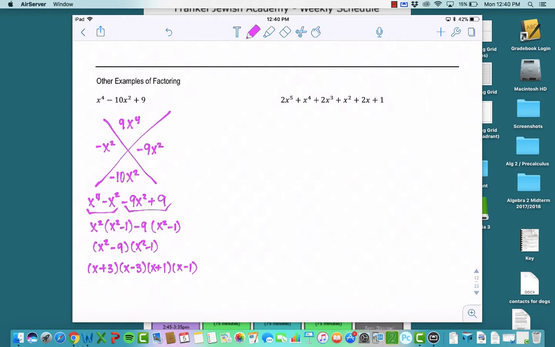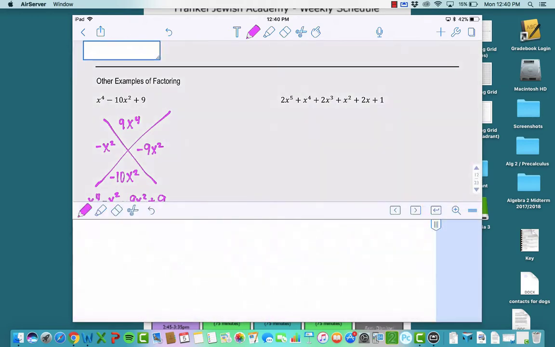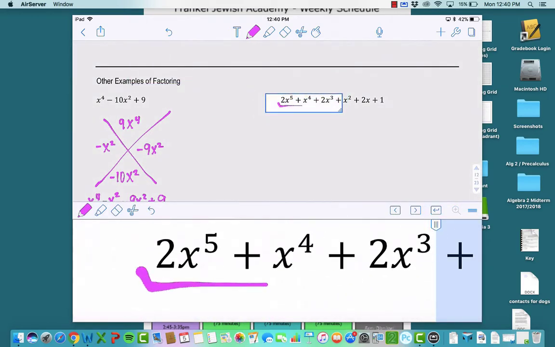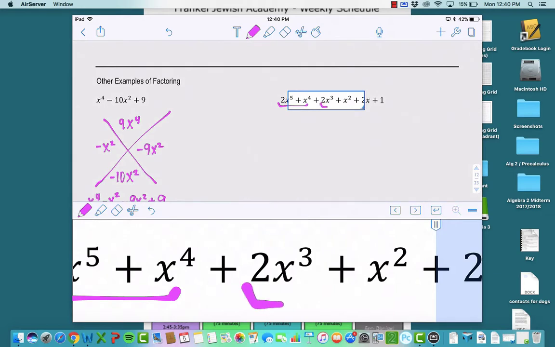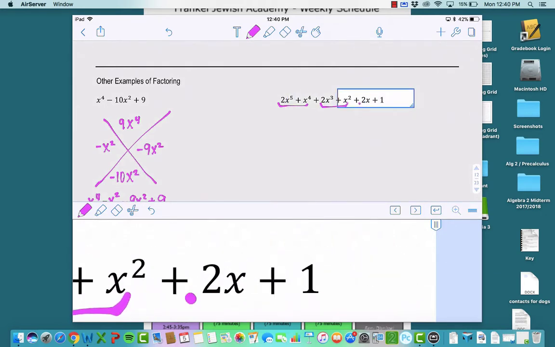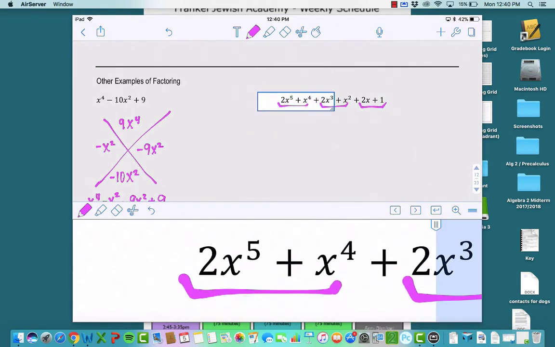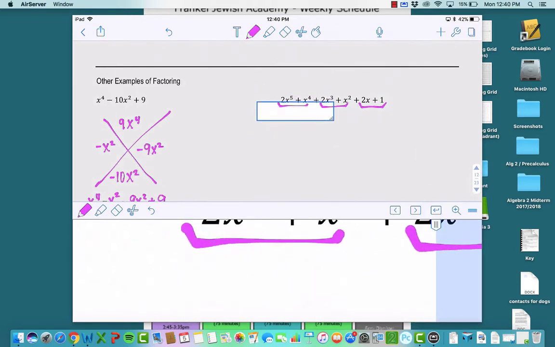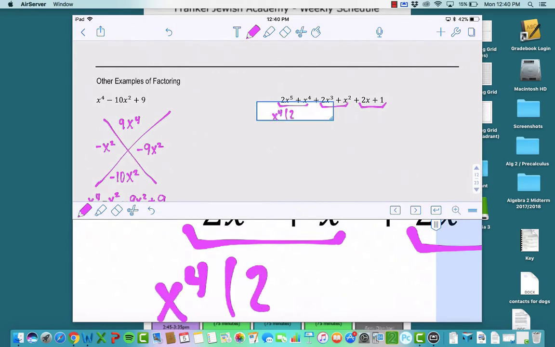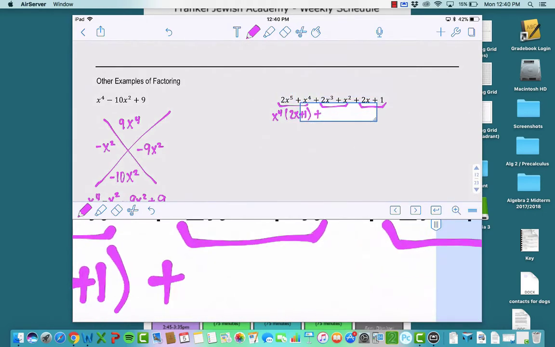Last but not least, you can also do factoring by grouping when there's an even number of terms. So if I look at this, I can actually group these two together, these two together, and these two together. So out of the first two, I can factor out an x to the 4th, and I'm left with 2x plus 1. Out of these two, I can factor out an x squared, and I'm left with 2x plus 1.